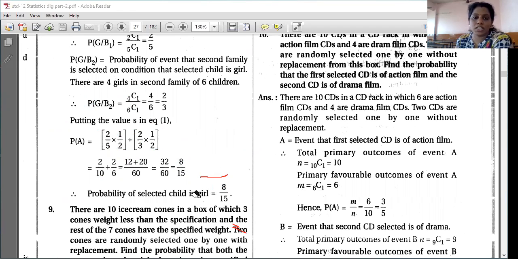We made a condition that if we select the first family, one girl child is selected from that family, or the second family is selected and one girl child is selected from the second family. This is the condition, so this is a conditional probability. That's why we have taken G upon B1 and G upon B2.